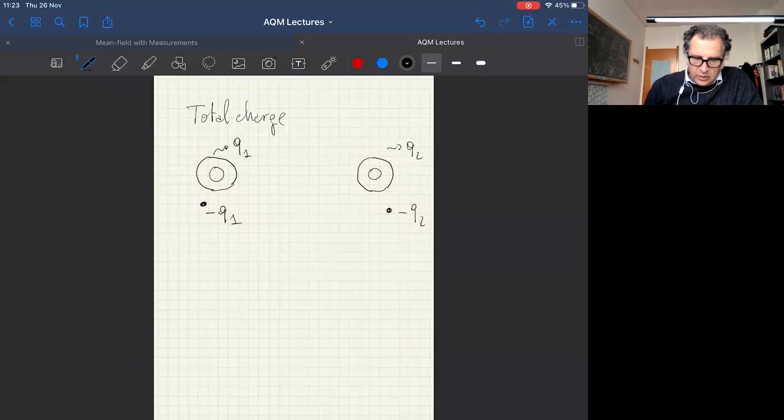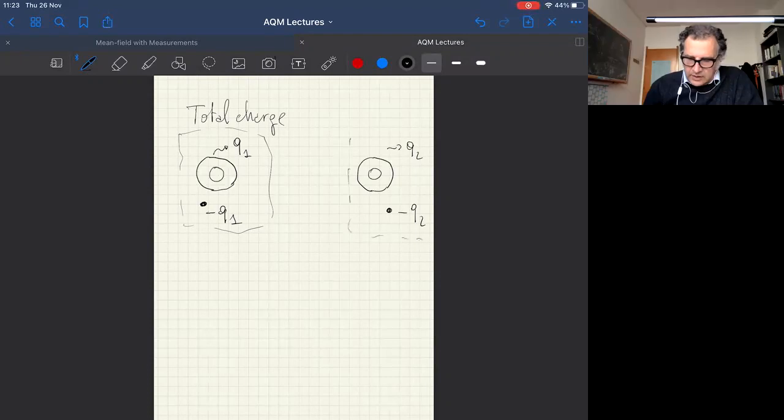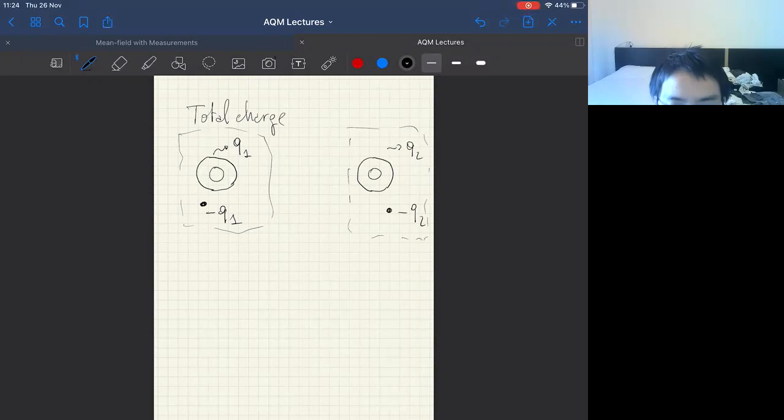Now tell me, what is the total charge of this object? This symbol, what is the total charge? 0. What is the total charge of this object? It's 0 too. Very good.